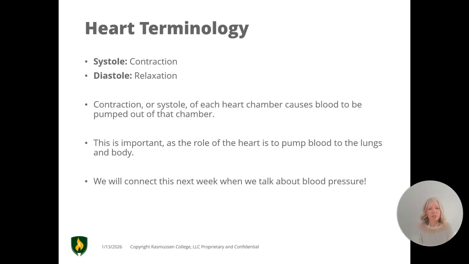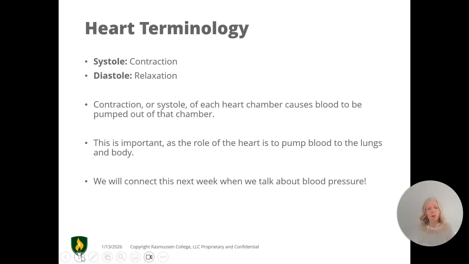Now, as I mentioned, this third bullet point down, systole or contraction of each individual heart chamber causes blood to be pumped out of that chamber. Important, right? That is literally the job of our heart, is to pump blood both out to the lungs in that pulmonary circuit, so our all-important red blood cells can go to the lungs and become reoxygenated.